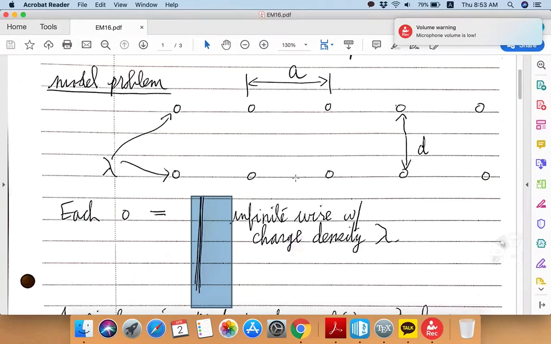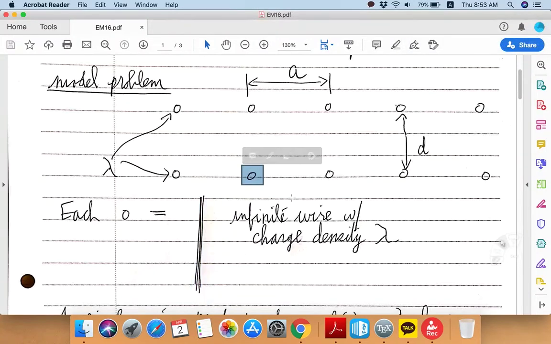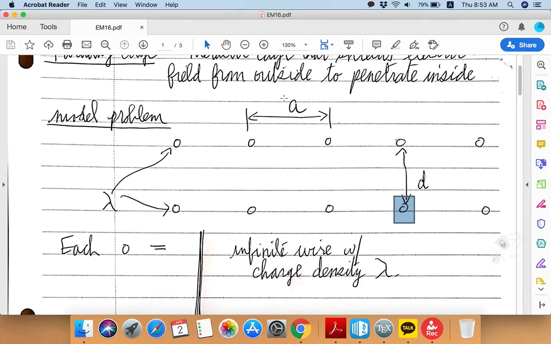So one should really think of this dot as a cross section of an infinitely long wire that has uniform charge density lambda on it. And these wires are placed at regular intervals of separation a.